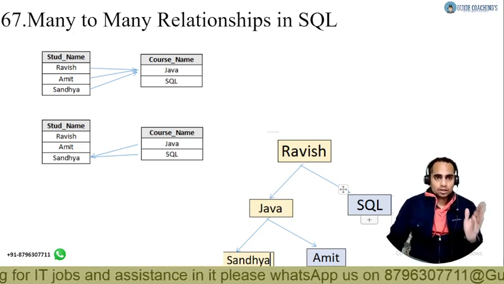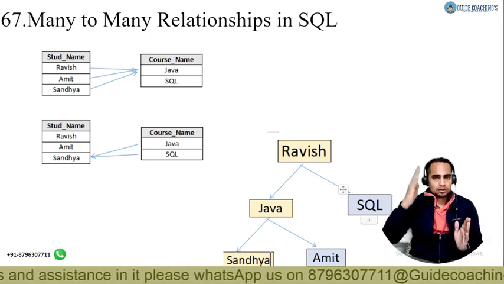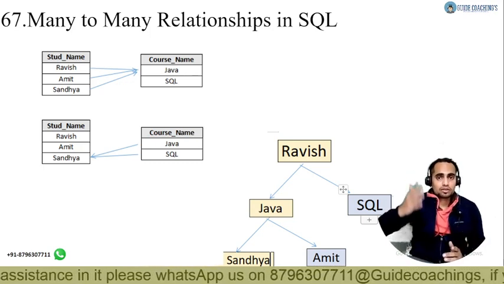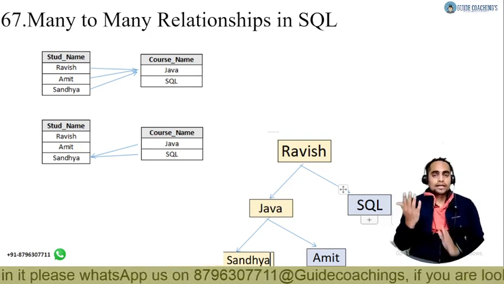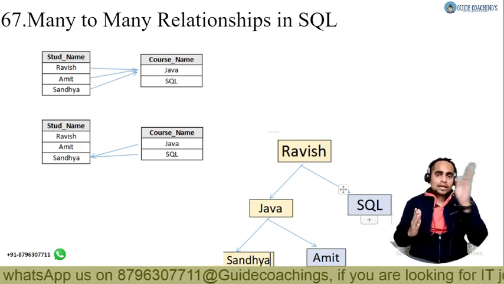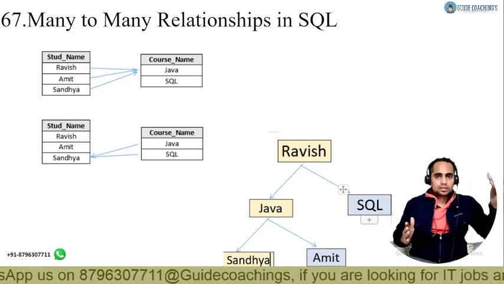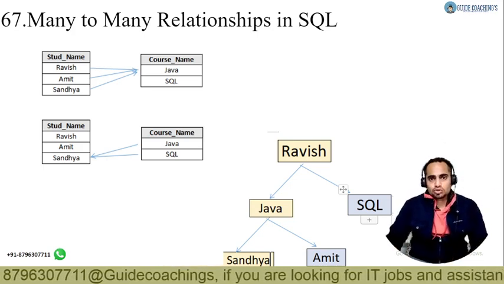When one record of one table can possibly have a relationship with all the values present in table 2, and similarly in table 2 a single value can have multiple relationships with all the values present in table 1, that is called a many to many relationship.